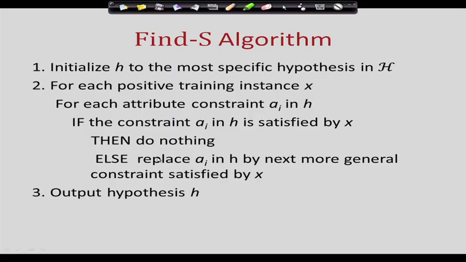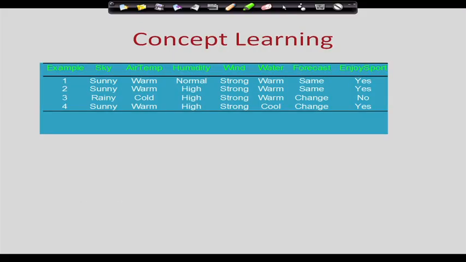Otherwise, we replace a_i by the more general constraint satisfied by x. For example, if a_i was given as true and it is not satisfied, then we will put that a_i can be anything. Finally, after processing all the positive examples, we output the hypothesis h that we get.